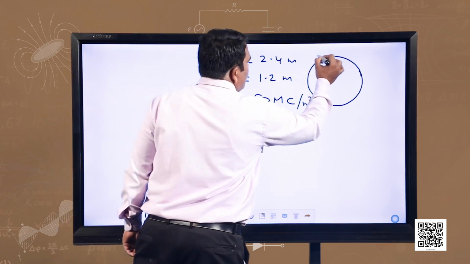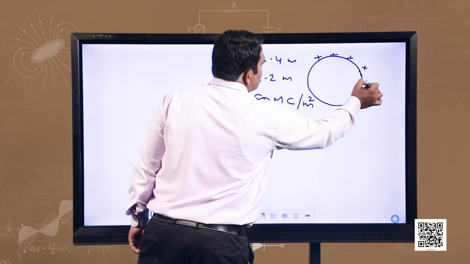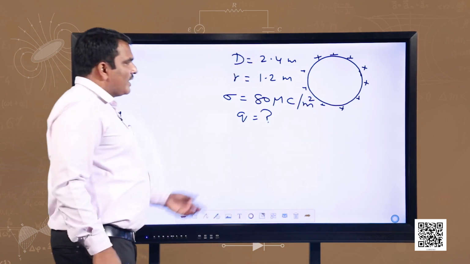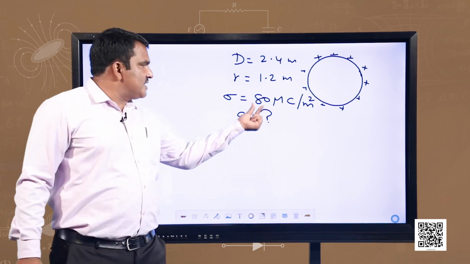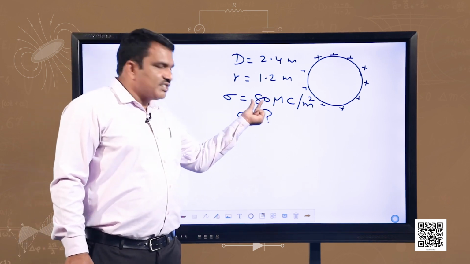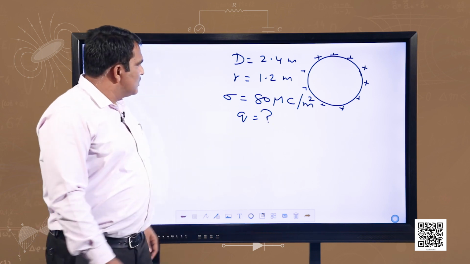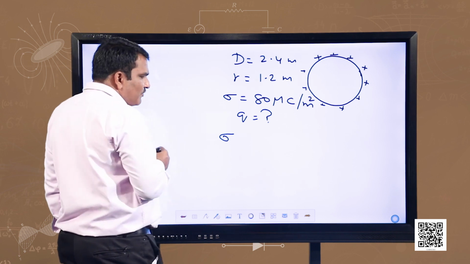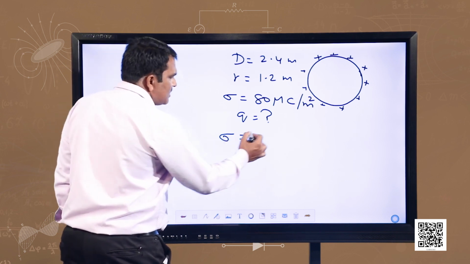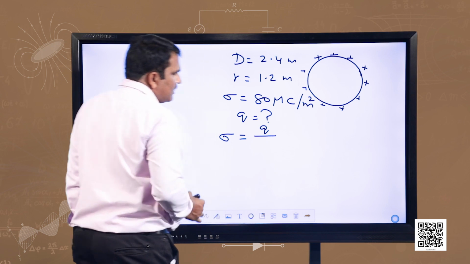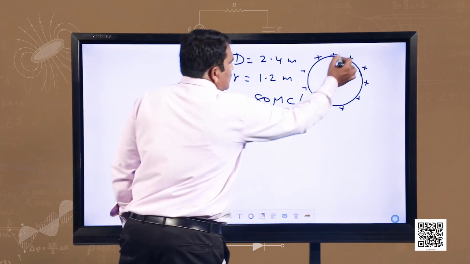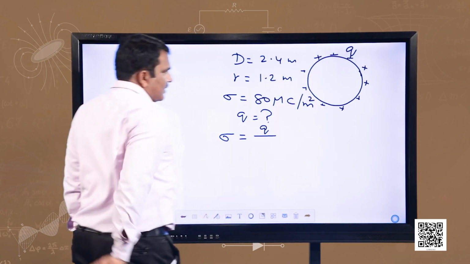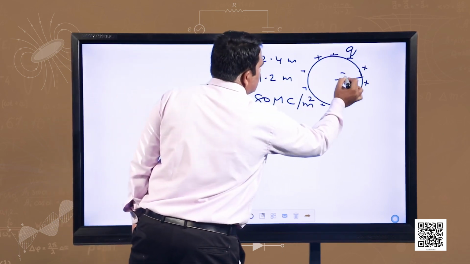Suppose this charge is uniformly distributed over the surface of the sphere like this. As you can see, the surface charge density is a constant which is 80. Now, from the definition of surface charge density, sigma is charge per unit area. Suppose the total charge is q, which is present on the surface of this sphere, and its radius is r.